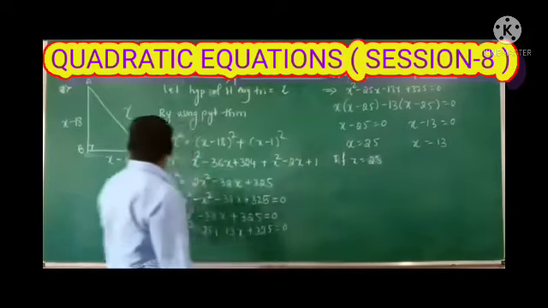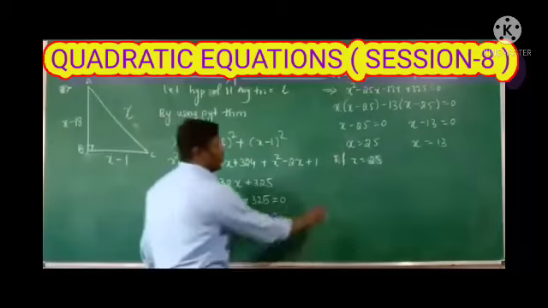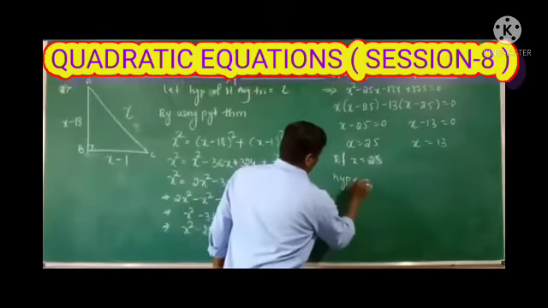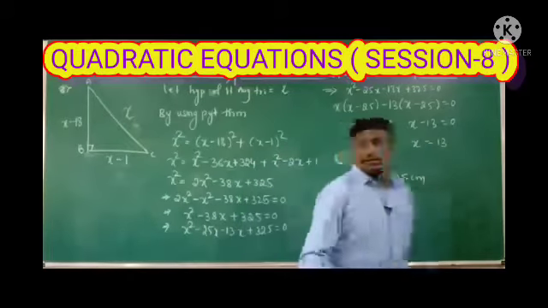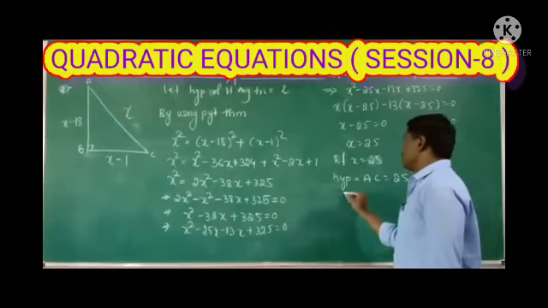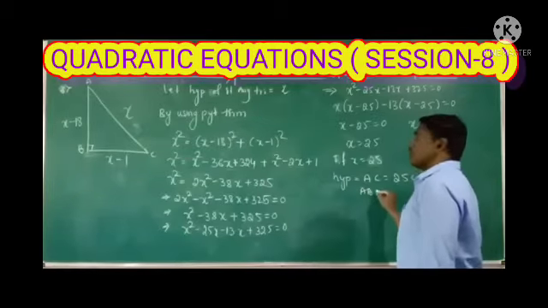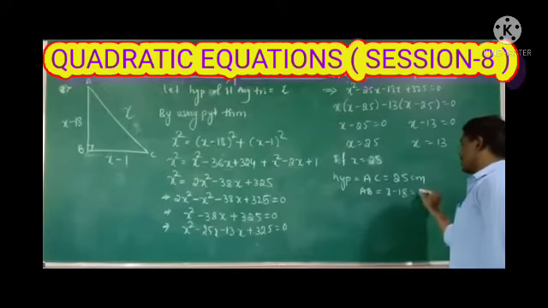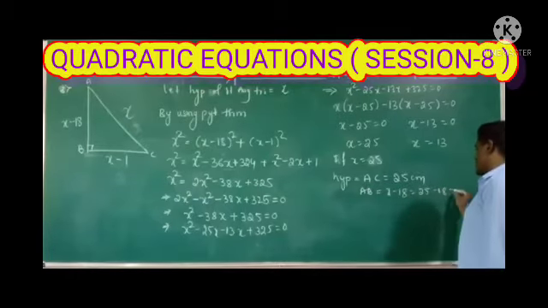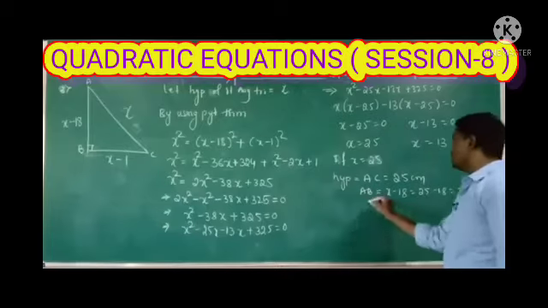So if x is equal to 25, the hypotenuse AC is equal to 25 centimeter. Then second side AB is equal to x minus 18. That means 25 minus 18, which is equal to 7 centimeter.